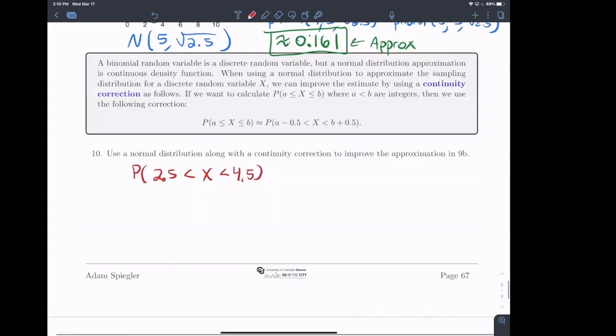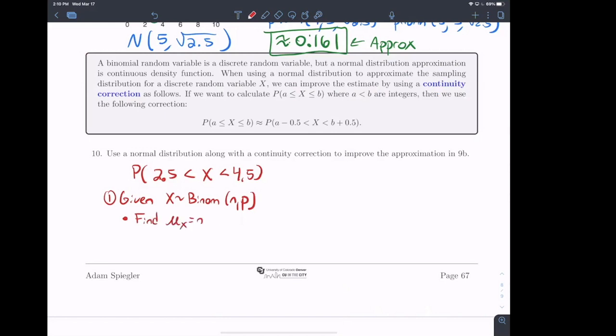So the steps here would be: if we know the values for some random variable, which is given by a binomial distribution, find the mean and the standard deviation using our shortcuts for binomial distributions.